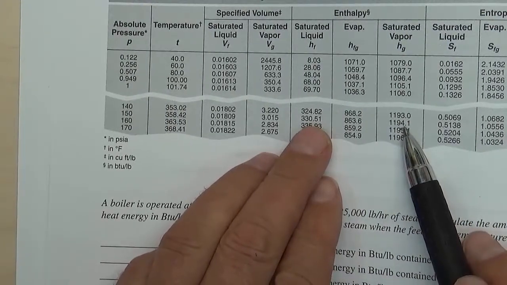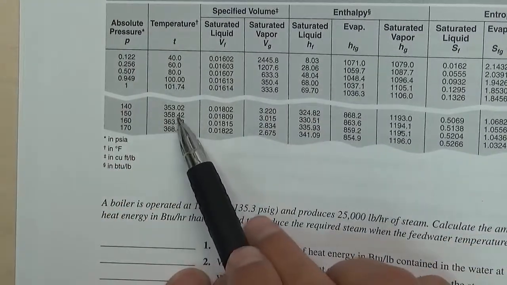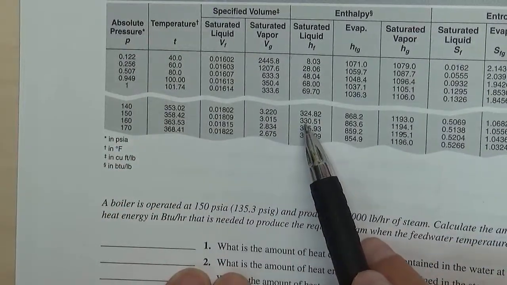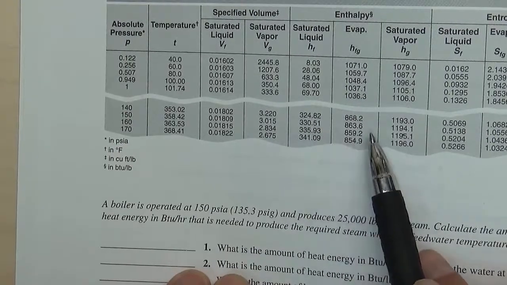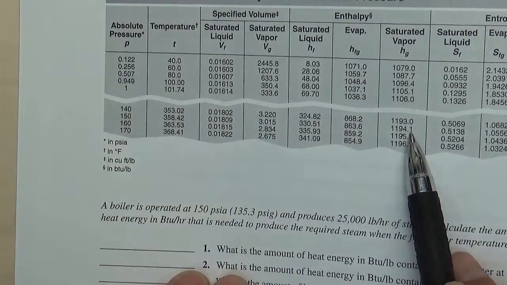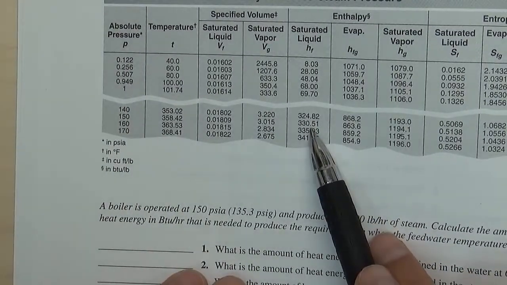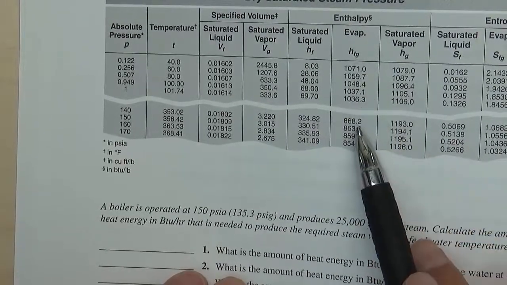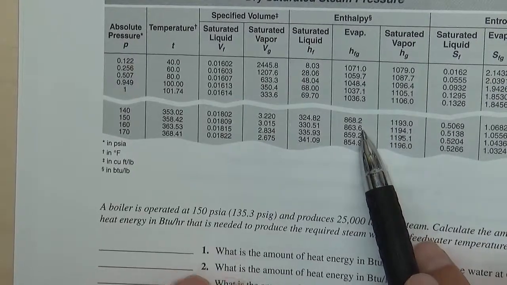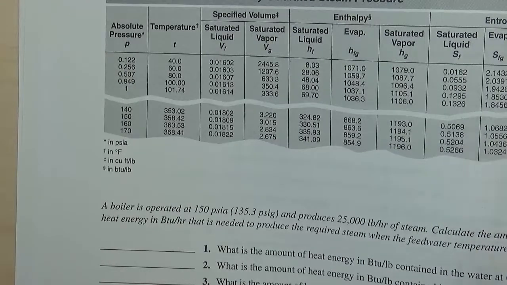So here's the amount of energy when it's 100% steam at this temperature. So at 358.42 degrees, if it's 100% liquid, that's how much enthalpy is in there, 330.51. If it's 100% steam, we've got 1194. So I could take 1194 and subtract it, and then I'd find out that I'm getting this number exactly, H of Fg. So that's the enthalpy phase change, and that's the answer to number 3.